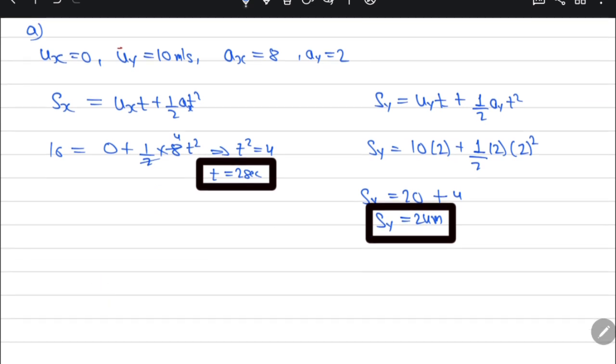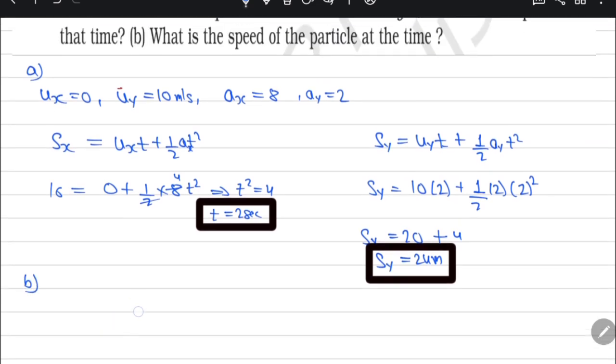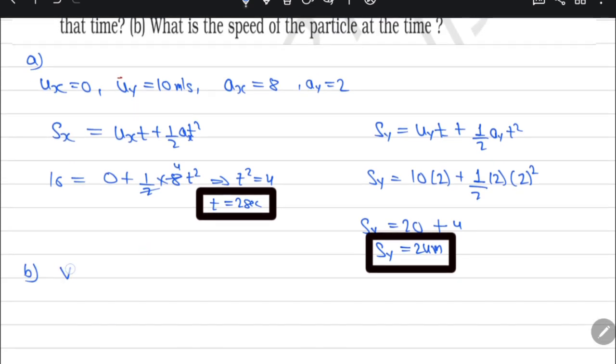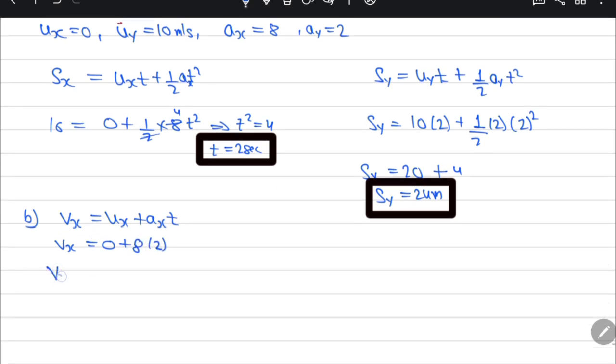What is the speed of the particle at this time? For speed of the particle, Vx is equal to Ux plus Ax into t. So Vx is equal to Ux is 0, Ax is 8, and time is 2. So velocity in x direction is 16 meter per second. Velocity in y direction is basically uy plus ay into t.